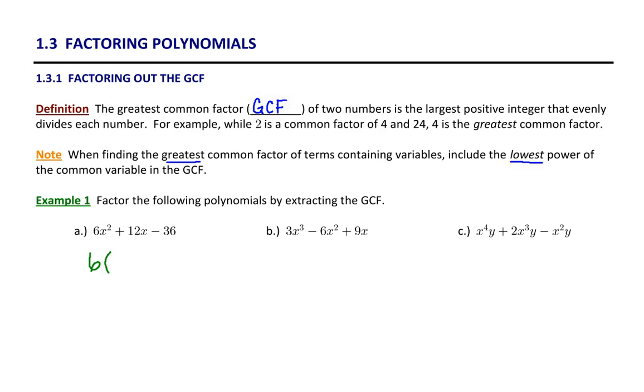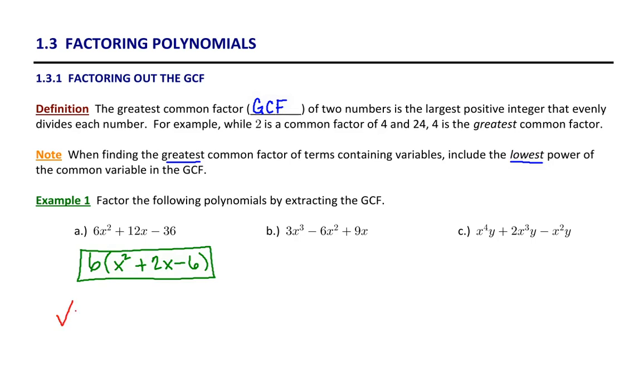So that first term, 6x squared divided by 6, leaves behind an x squared. 12x divided by 6 leaves behind a positive 2x, and 36 divided by 6 leaves behind minus 6. So we say this one has been factored. Now, anytime you factor, you can immediately turn around and multiply to check your work.